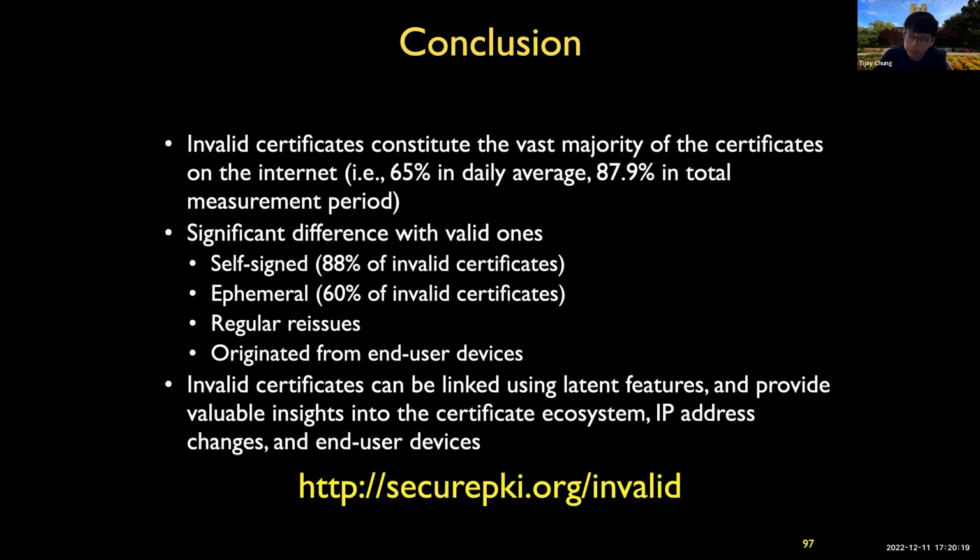Let's Encrypt is a free and automated CA that allows you to get a certificate for free and in an automated fashion. So these days, many IoT devices started to use Let's Encrypt certificates. So I believe the percentage of invalid certificates should have dropped significantly.